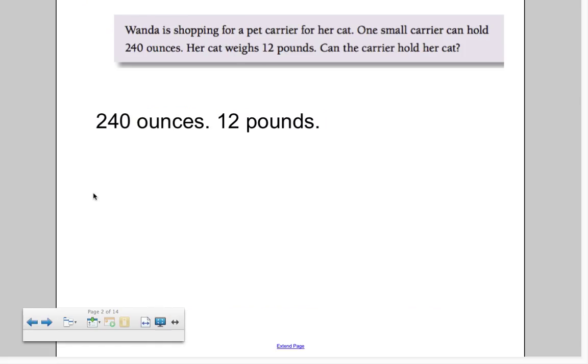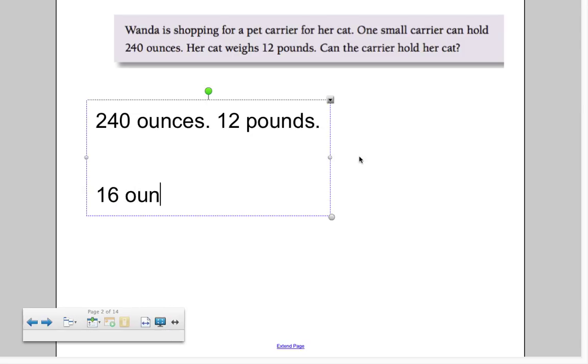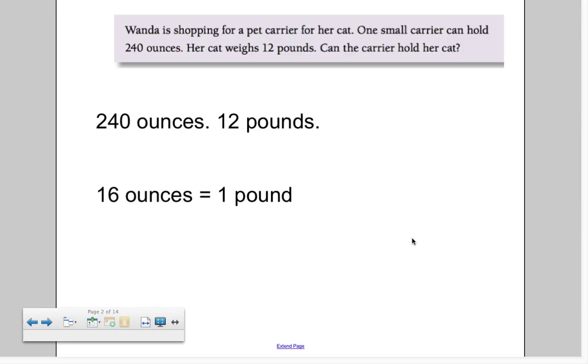There's 16, let's write that down. That's actually very useful. 16 ounces equals 1 pound. I hate when you can't just figure something out by learning and doing, but this is one of those things that you just have to memorize.